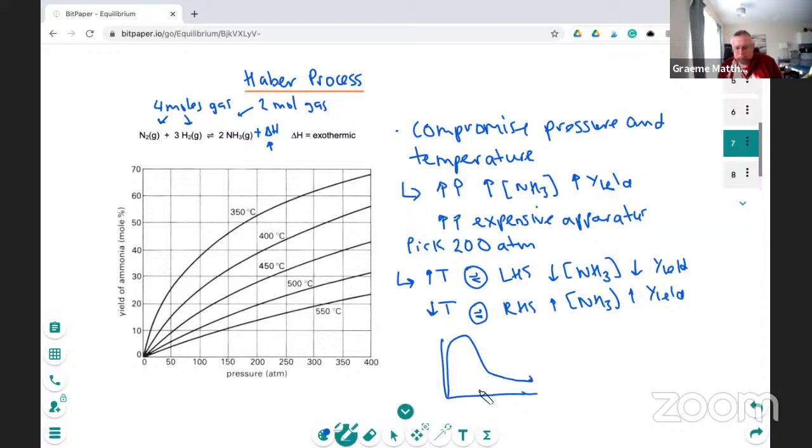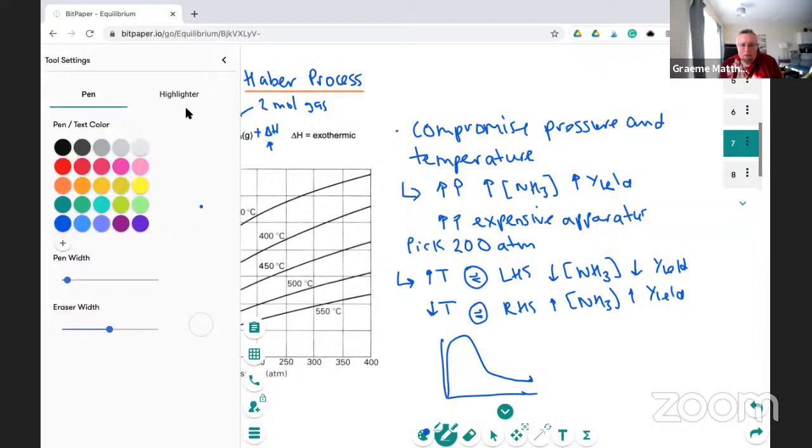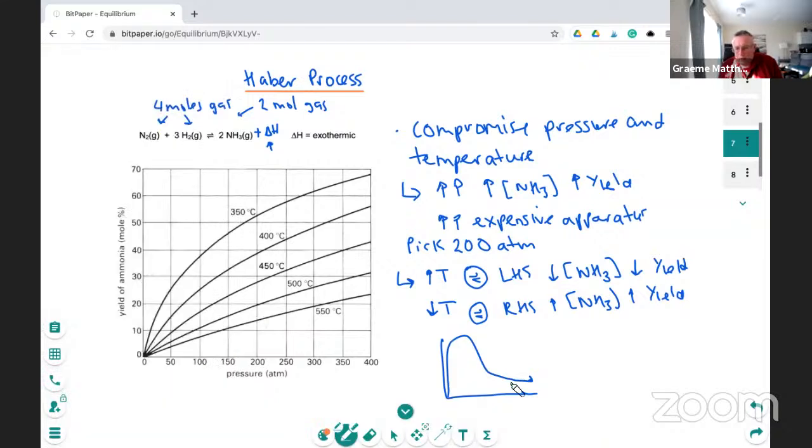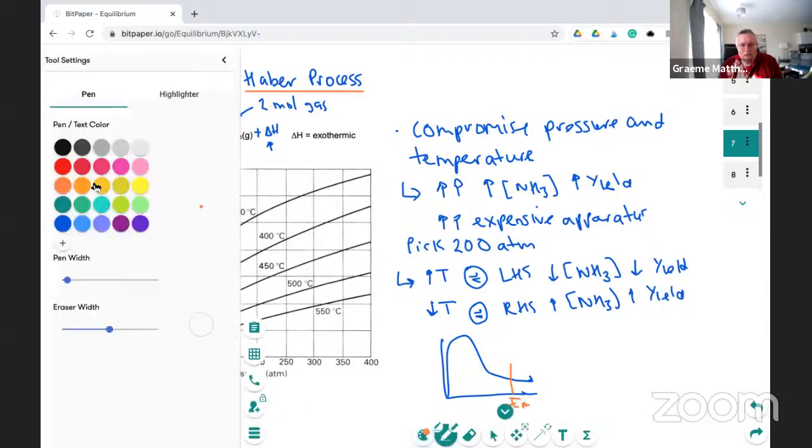Right, look, right there. Here's my activation energy. If you lower the temperature, I'll try to do this one in green.